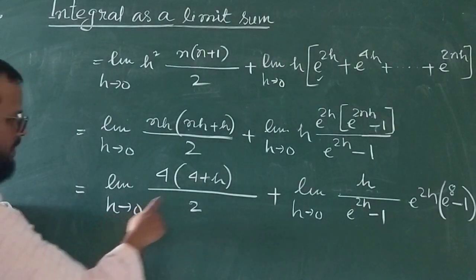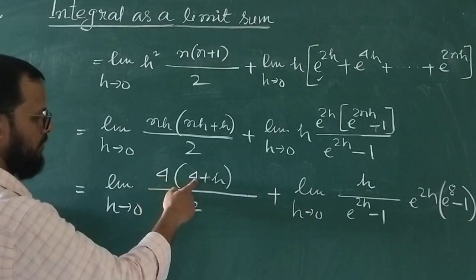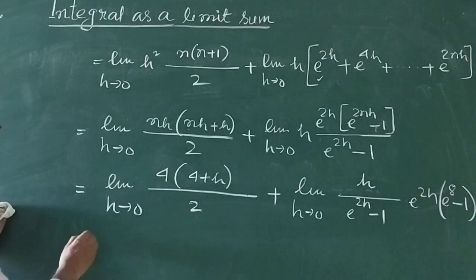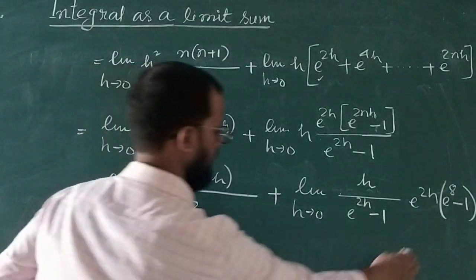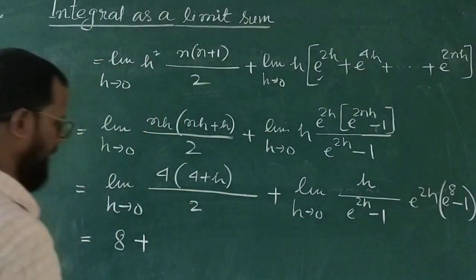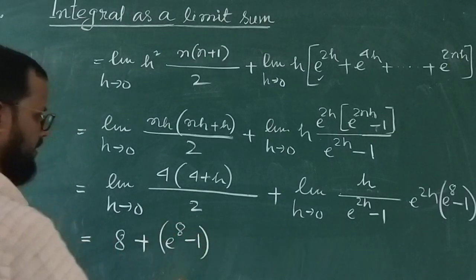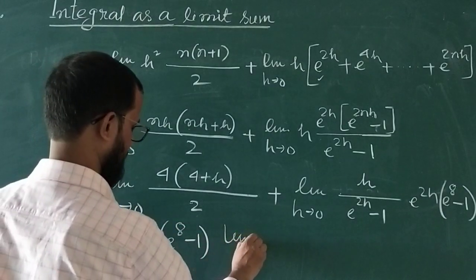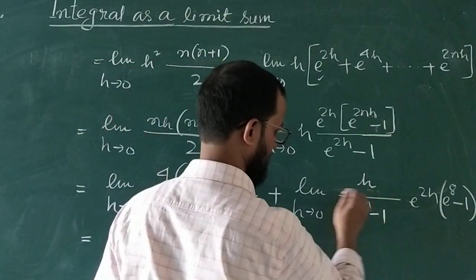And if you put h tends to 0 in this particular expression, what will happen? 4 into 4 divided by 2. What will it be? It will be 8. Plus e to the power 8 minus 1 comes outside. And it can be written as limit h tends to 0. There are two functions. One function is this, another function is this.